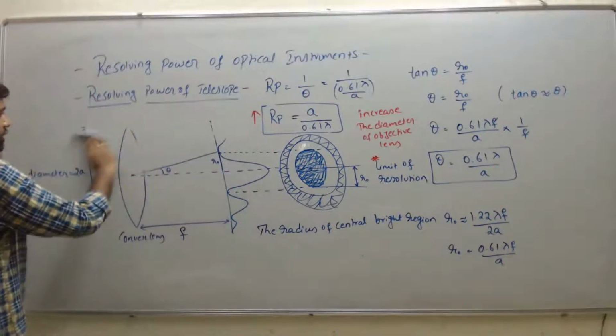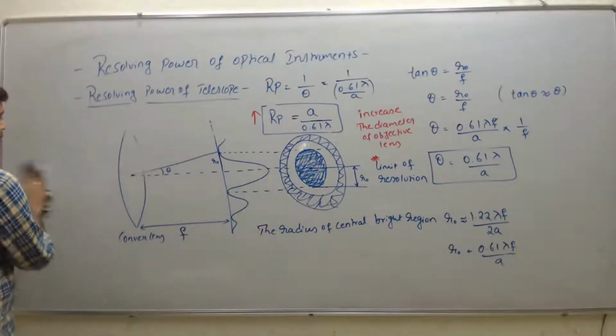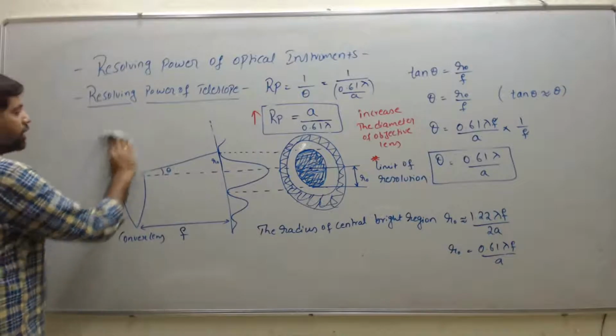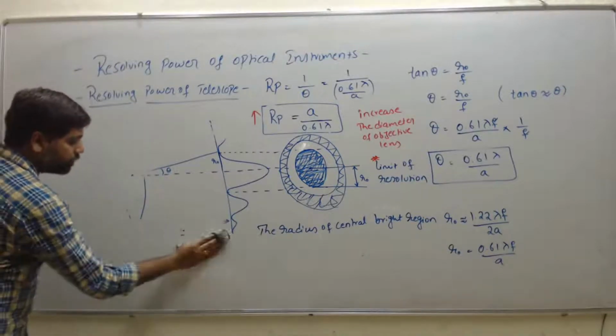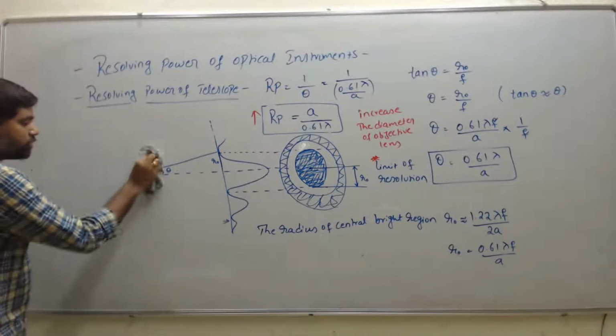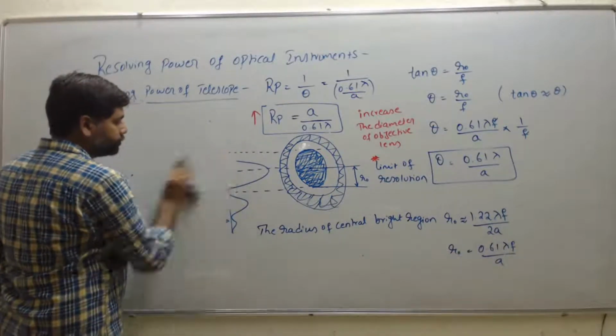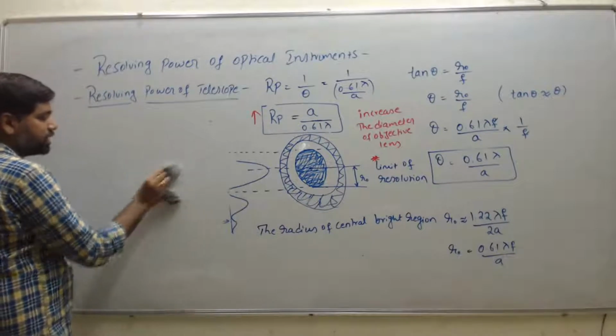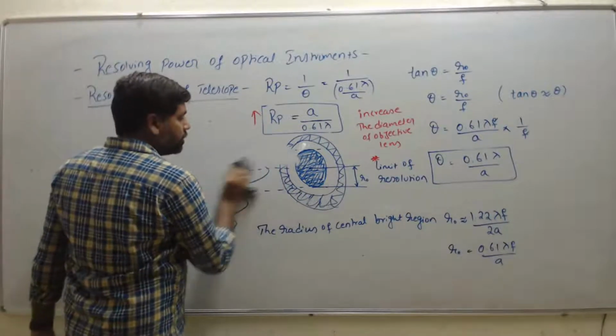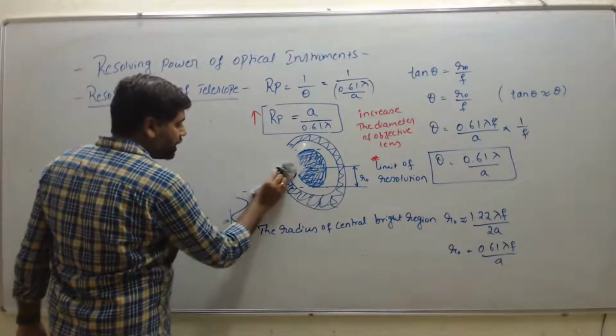In a similar manner, we will discuss the resolving power of the microscope. A microscope is used to see objects which are very near to us, that is, objects which are very small in size.